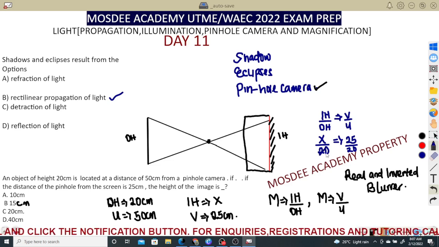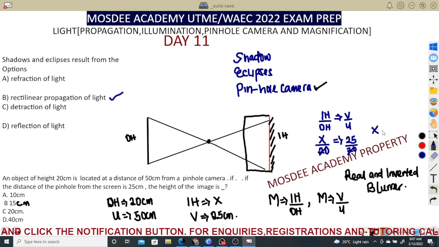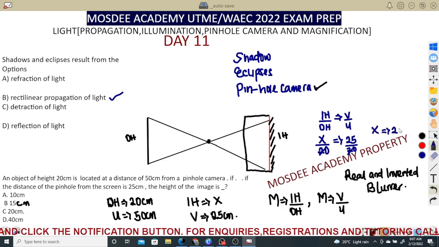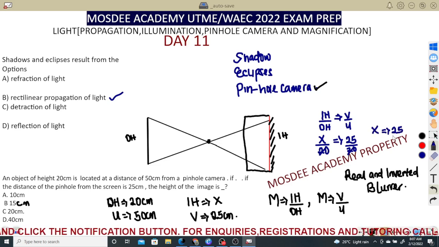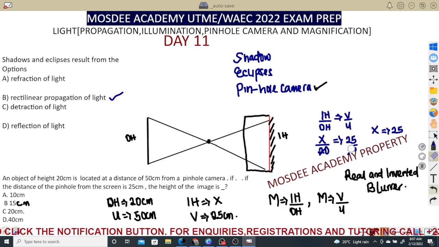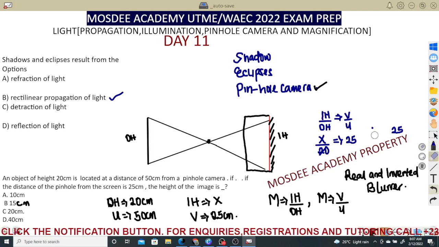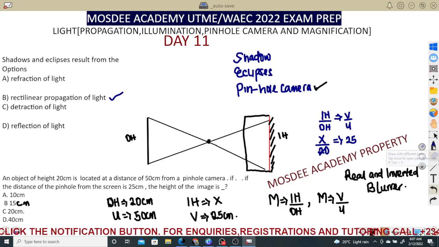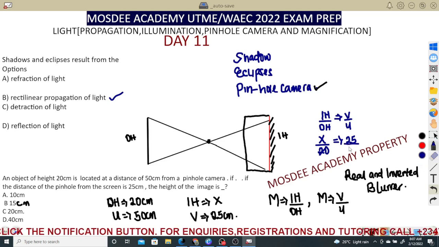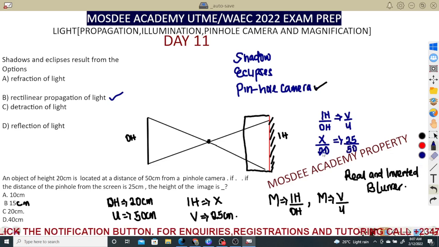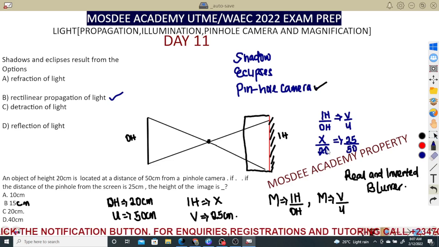This 20 gets cancelled out, and X here is equal to 25. No, it was 50. I'm actually the one who is not substituting the right values. The team actually knows what they are doing. This is 50. So this will not cancel now, I can only cancel the 0.